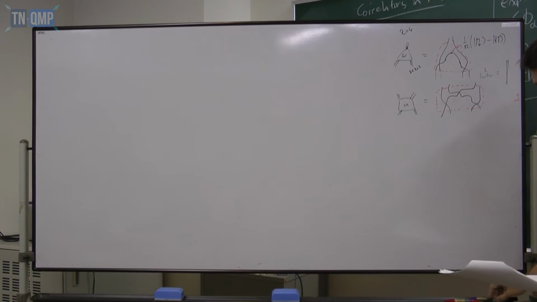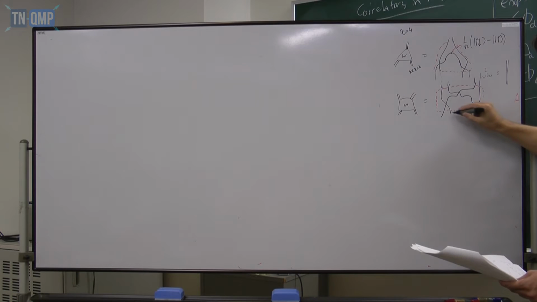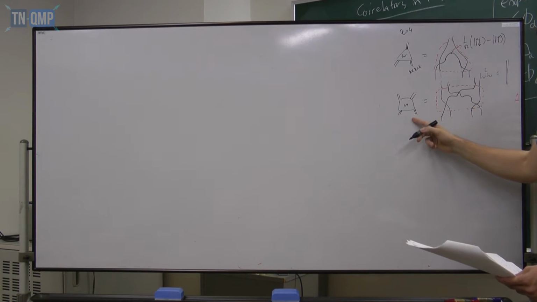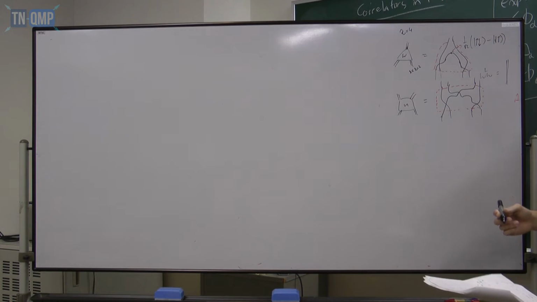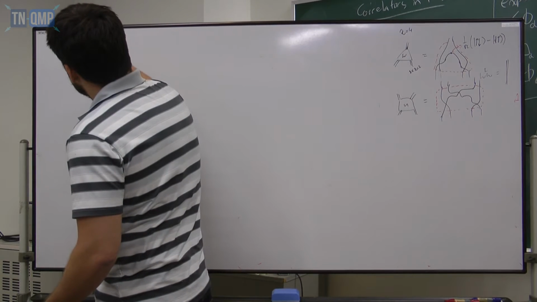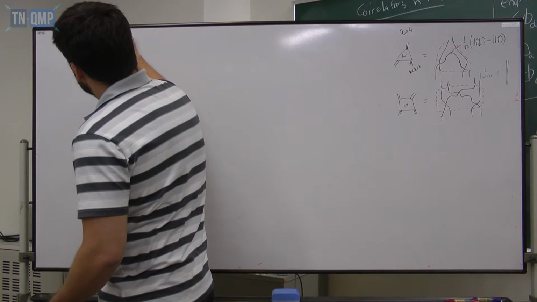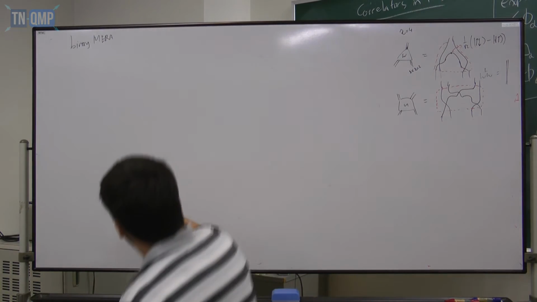Again, it's just a mapping between this bond dimension 4 and bond dimension 4 based on these simple permutations. Now I'm going to ask the question: what happens if I build a binary MERA, a 2-to-1 scheme based on these tensors?